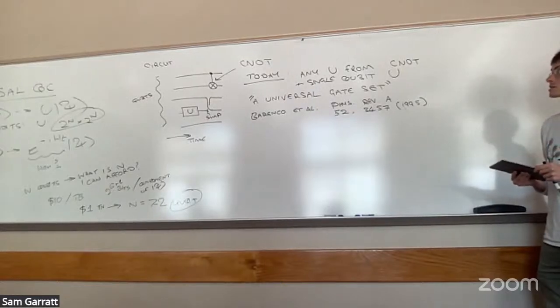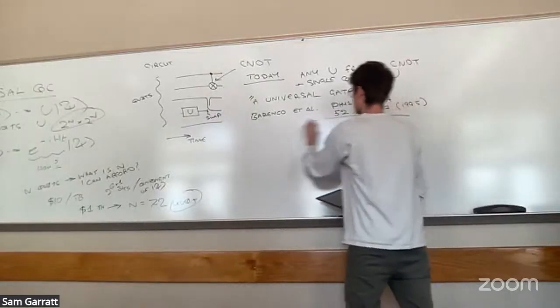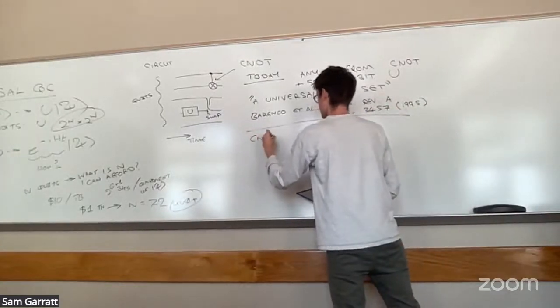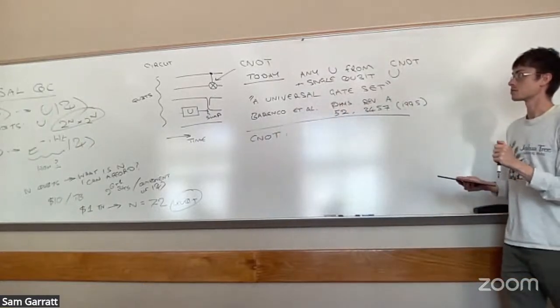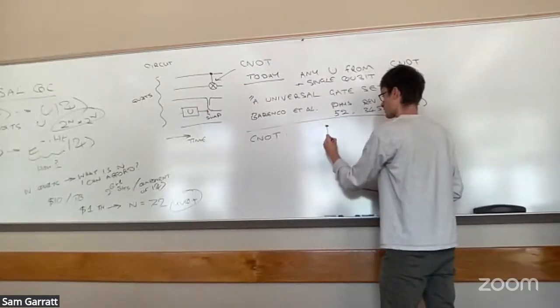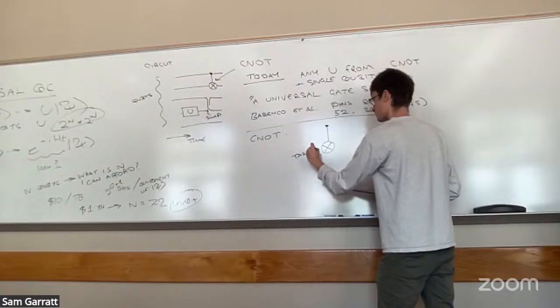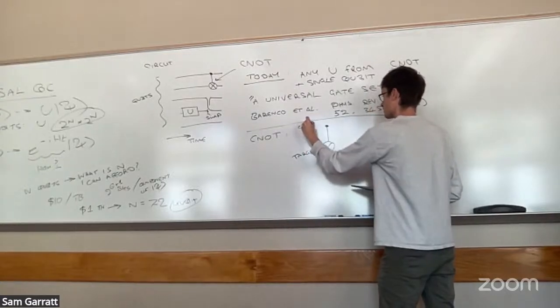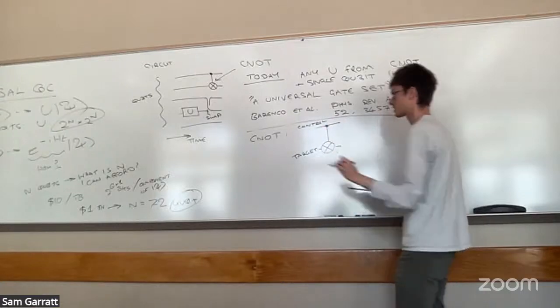Okay, let me explain what that CNOT gate is. We have a target, which is here, and we have a control here. What CNOT does is really simple.